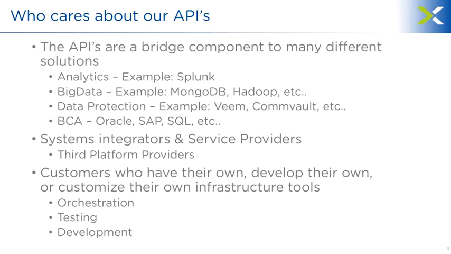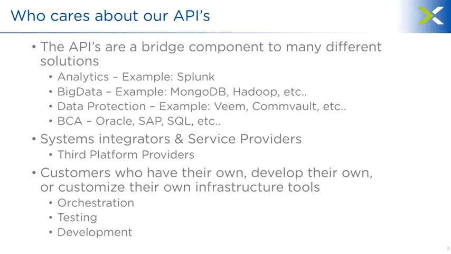There's a lot of different solutions that can actually utilize the API. Things from analytics and big data to data protection and all sorts of business critical apps. Systems integrators and service providers a lot of times will like to use the API to blend their own tools or their own home-baked applications for automation or cloud services.